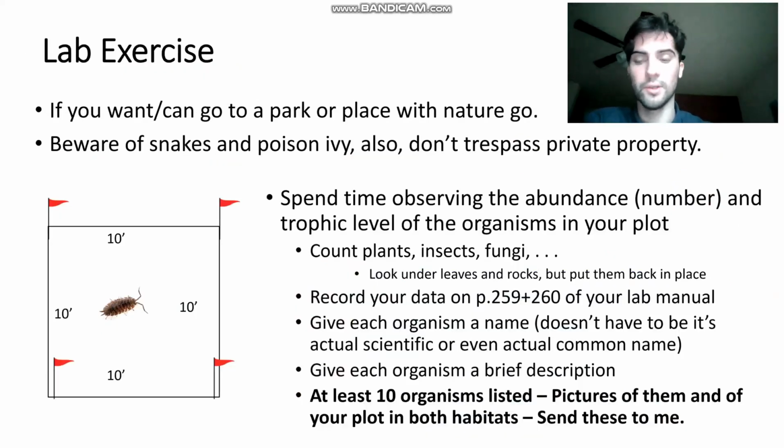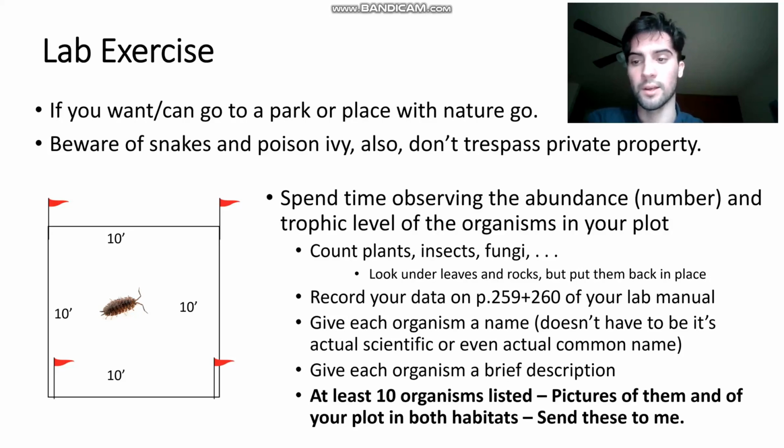Okay, so if you want, you can go to a place with nature or a park, and go for this exercise. Just beware of snakes and poison ivy, and also don't trespass on private property.